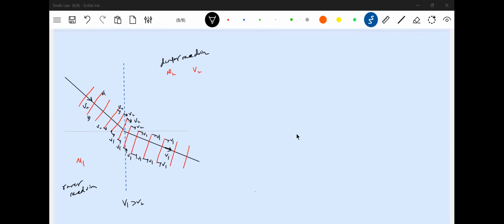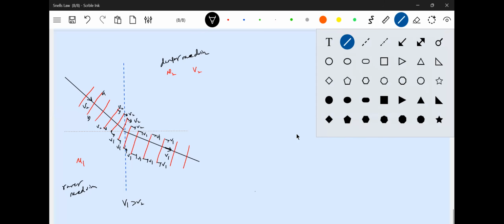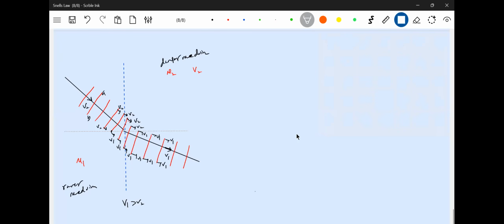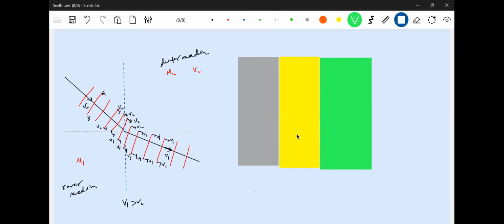If it encounters multiple boundaries, how will Snell's law still be applicable in these situations? We will try to analyze that here. So let's have a ray of light here. Let the refractive index be mu1.